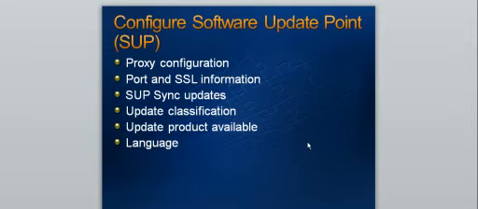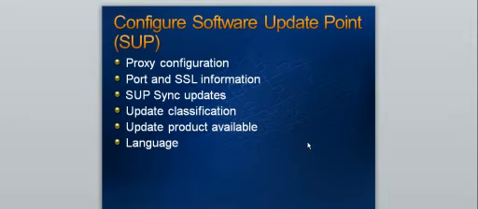After you have specified the synchronization, the next thing that you need to configure is the update classifications. From here you can choose different categories of updates that you want System Center Configuration Manager to download. For example, you may want critical updates, drivers, security updates, update rollups, or critical patches or service packs, and so forth.